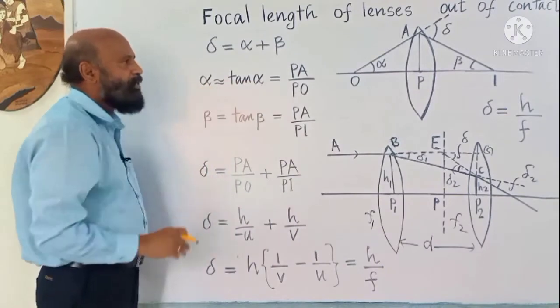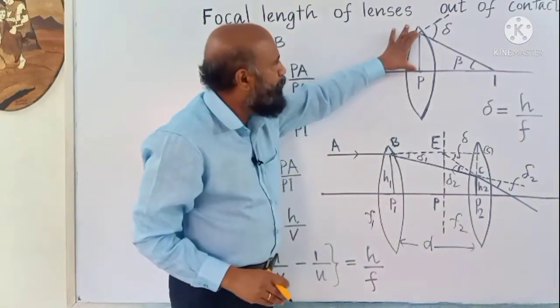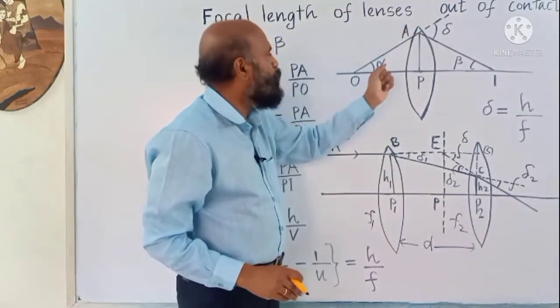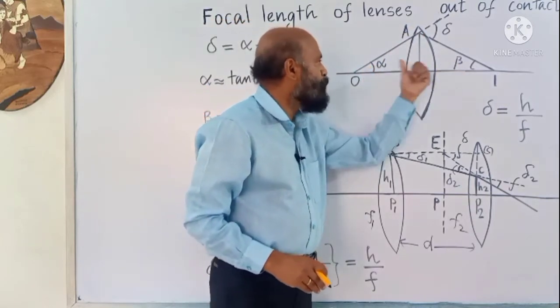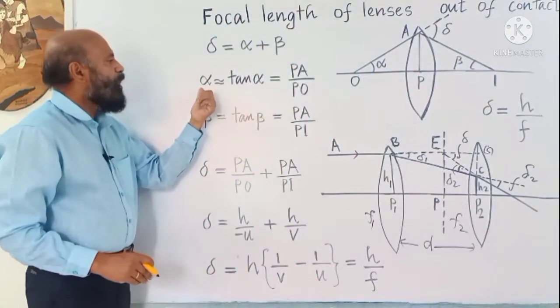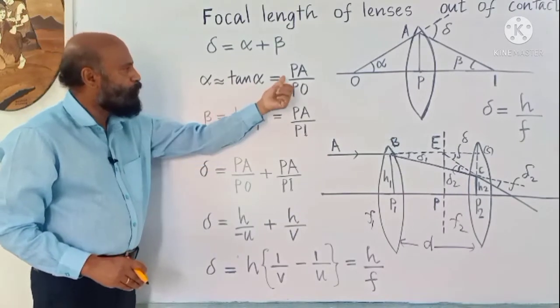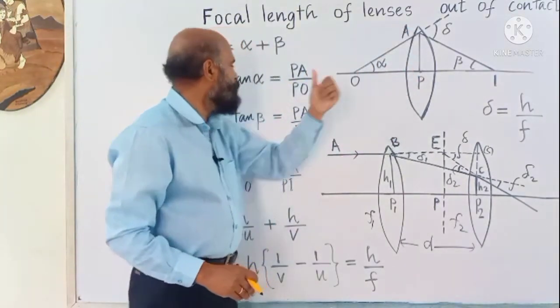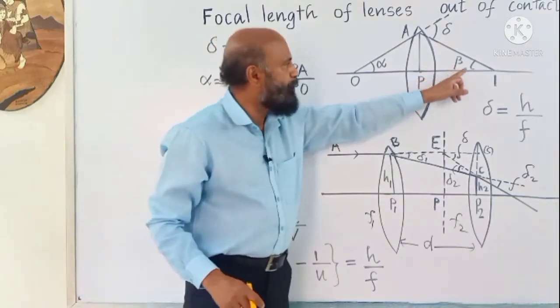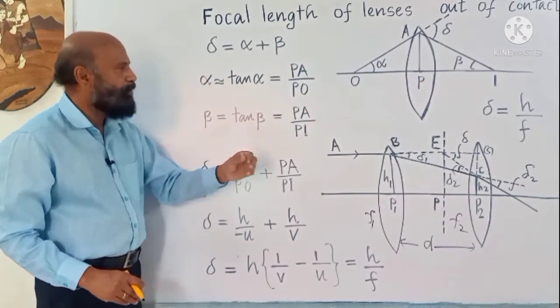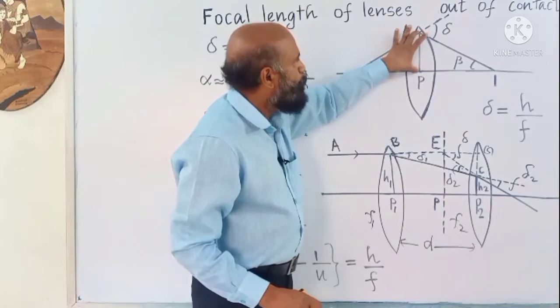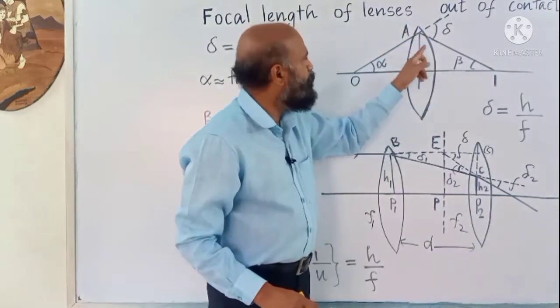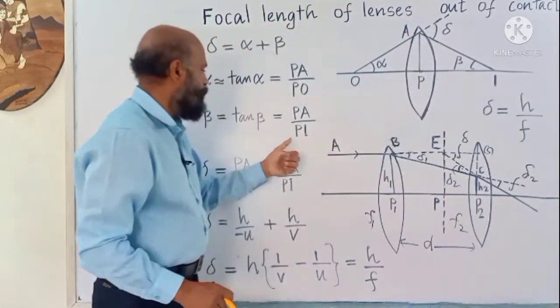Since this PA is very small, alpha and beta are very small. So alpha is approximately equal to tan alpha, which is PA by PO. Similarly, beta is approximately equal to tan beta, opposite side by adjacent side, so PA divided by PI.